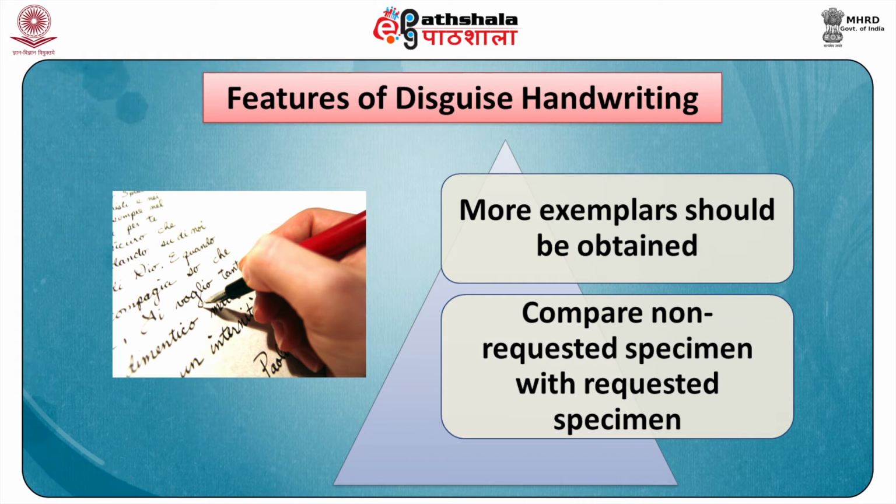It should also be seen that if the exemplars are disguised, the more exemplars you obtain, the greater the chances are that some of the writings will contain some of the normal characteristics of the writer. One of the best things an investigator can do when taking exemplars is to have some non requested specimen of the person to compare with the requested specimens.